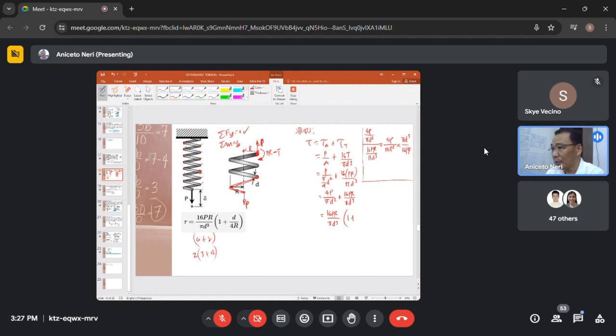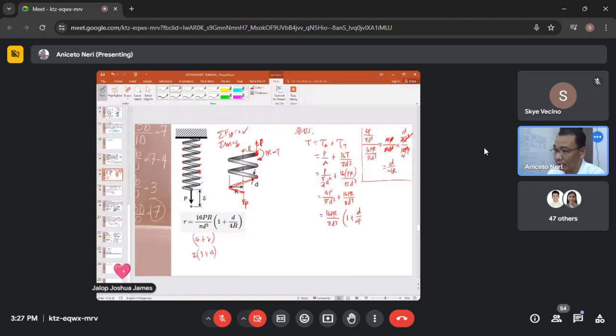And mo cancel ka, pi is canceled out, d square o d cube, makancel na. So, d na lang bilin. Ang P makancel. Ang 4 po makancel. 4 na lang. So, ang bilin dire na kay d over 4r.